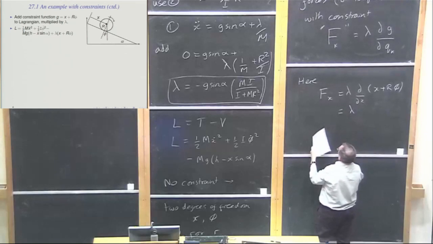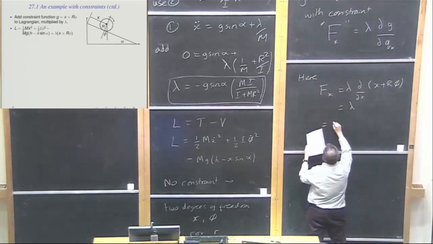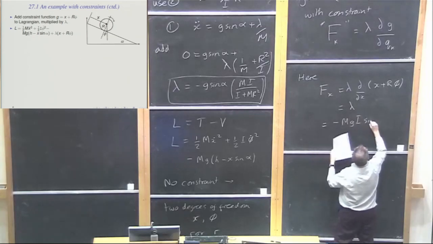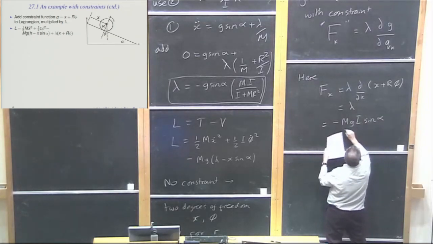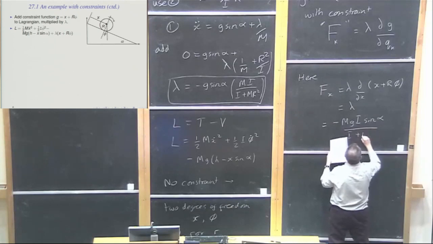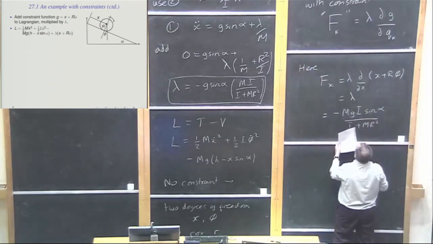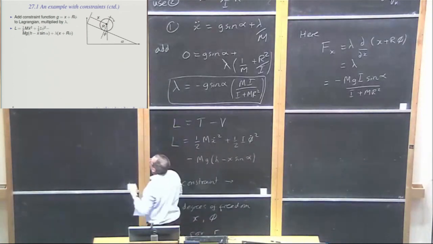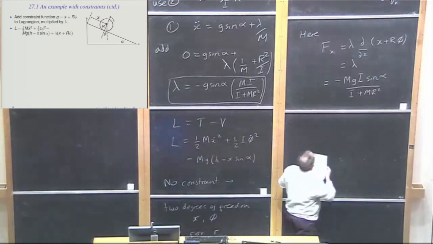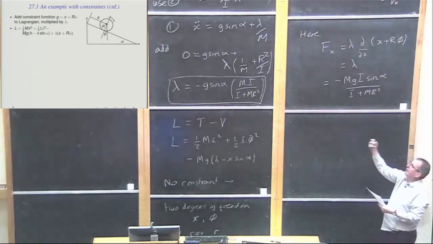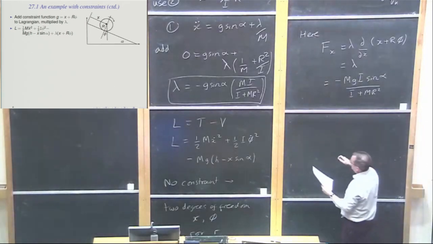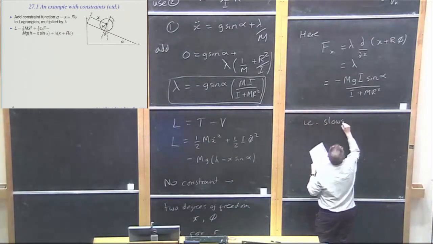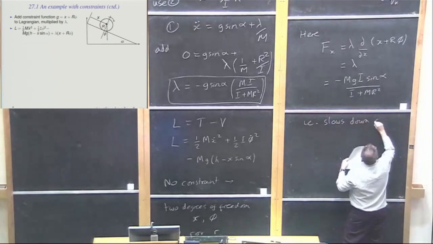So we just get minus mg I sine alpha over I plus mr squared. What this is, is the force coming from the friction on the slope which is causing the turning, and the consequence is to slow down the fall of the ball down the slope. So this slows down the fall.